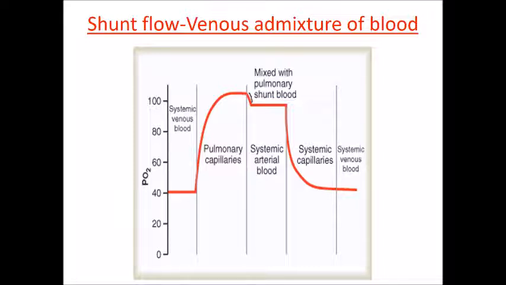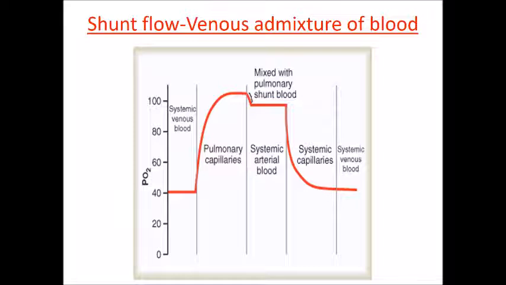It is not oxygenated. So this deoxygenated 2 percent of the blood will finally mix with oxygenated blood. So there will be a slight reduction in partial pressure of O2 from 104 to 95. So in the systemic artery, the PO2 will be 95.